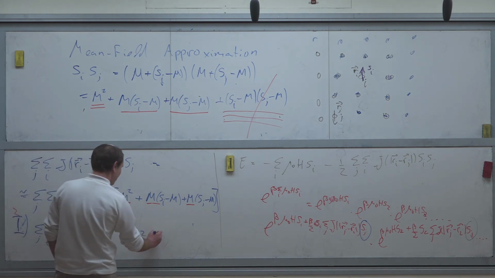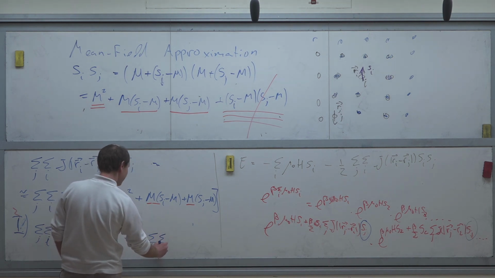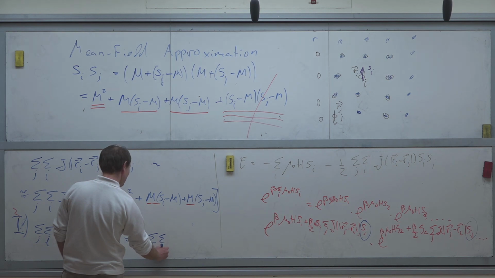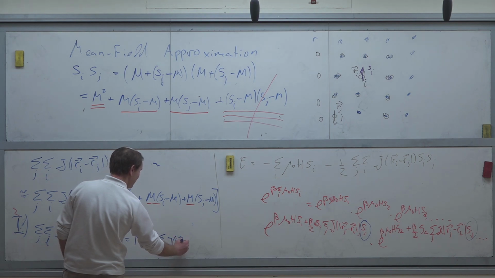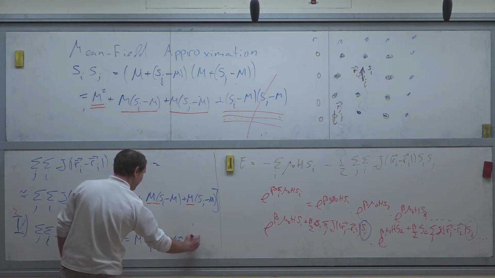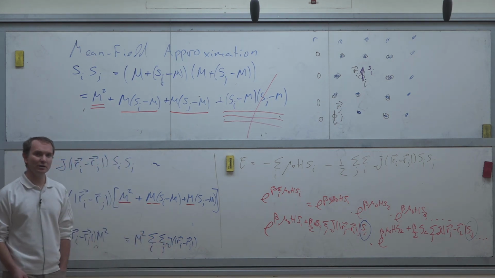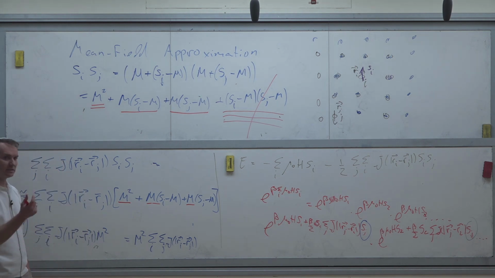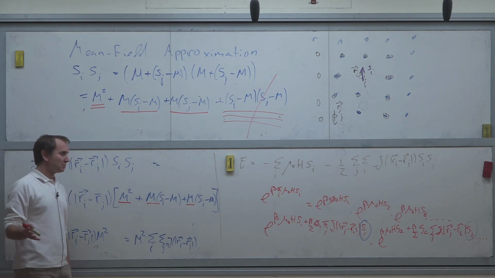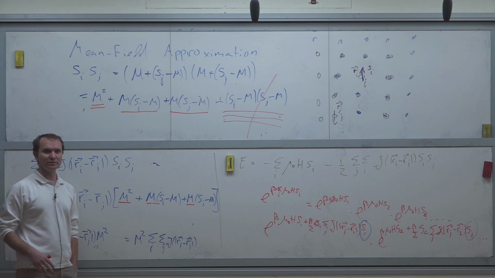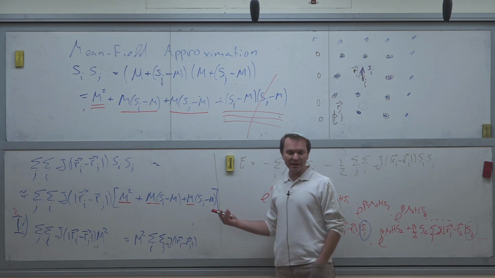We will have a sum over i, and here a sum over j, coupling constant, Ri minus Rj. Now, this is a deterministic coupling constant. It's not a stochastic random variable. It does not change its sign or its value. So we can sum over all the different coupling constants. We will see an example. We're just performing the summation.